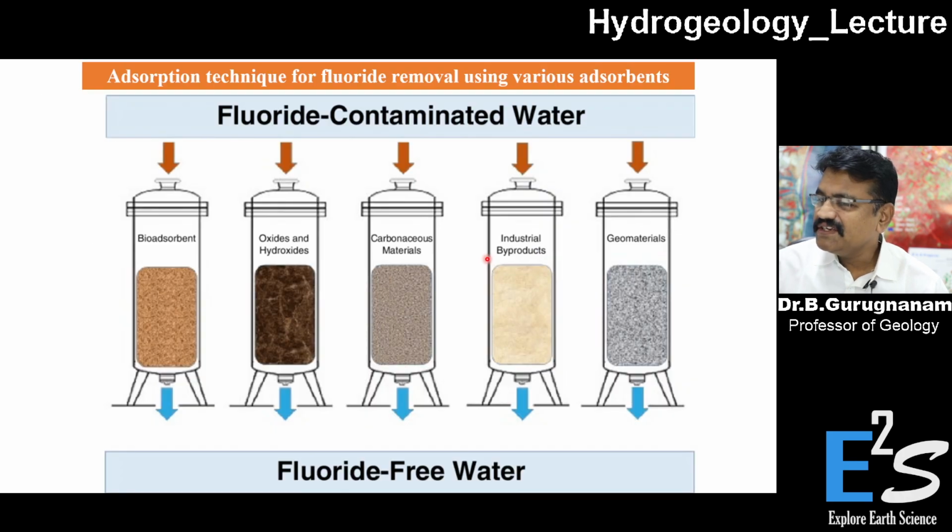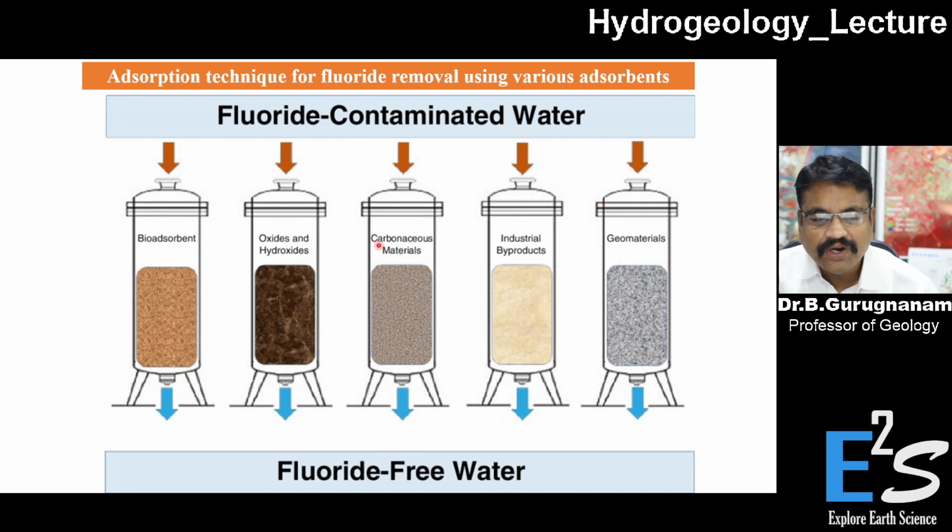So with this lecture, the adsorption technique is being used to remove fluorine from contaminated water. What is adsorption? Fluoride contaminated water is sent to bioadsorbent agents, oxide and hydroxide agents, carbonaceous materials, industrial byproducts, and geomaterials.